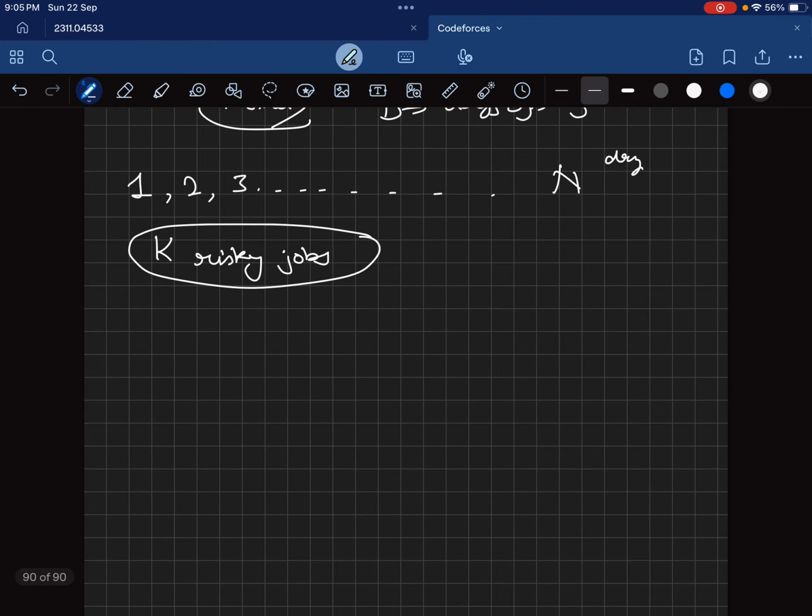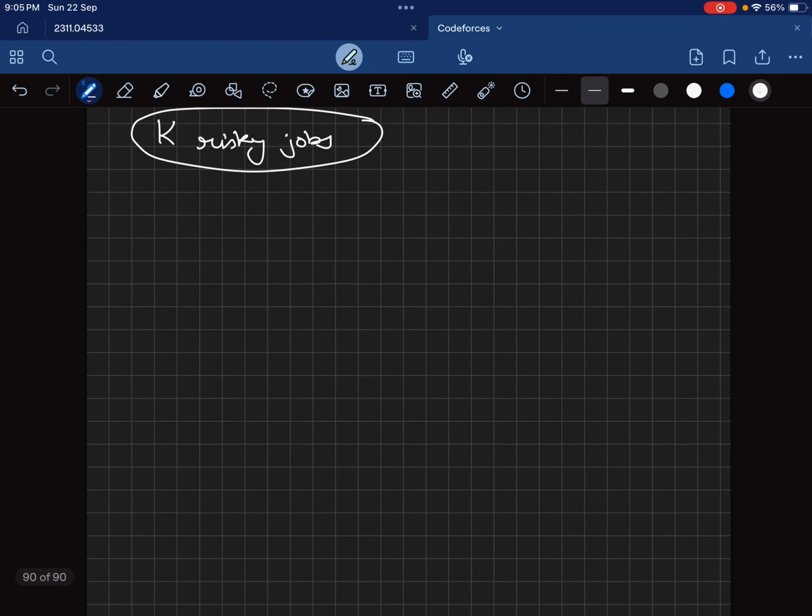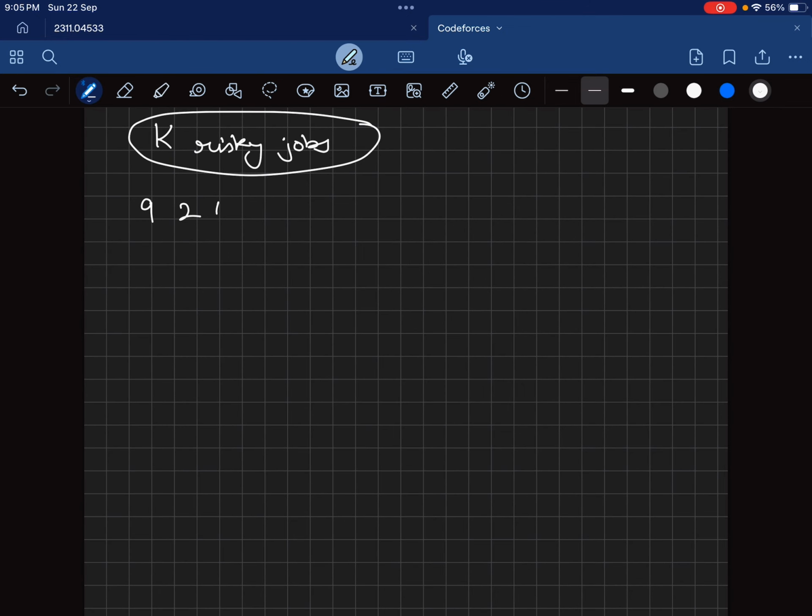So let us take an example. That is an example test case, 9 to 4. In this case we have the intervals 7 to 9, 4 to 8, 1 to 3, and 2 to 3.